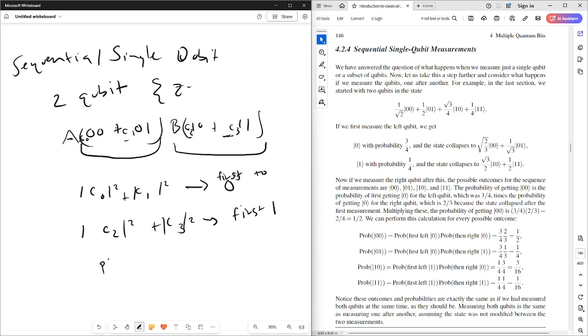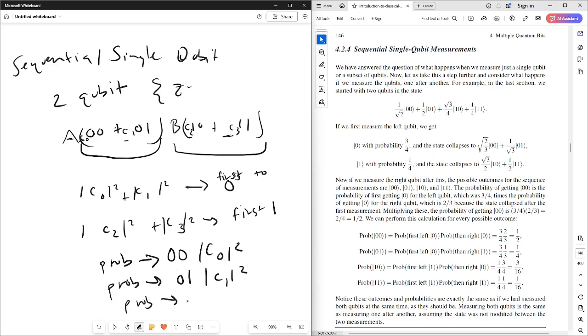So if we measure the second qubit after we measure the first one, then now we have the probabilities of, let's say our first state was 0, and now we're going to measure 0. So the probability that our second qubit will be 0 is C of 0 squared, and the probability of 0, 1 is C of 1 squared, and so forth.